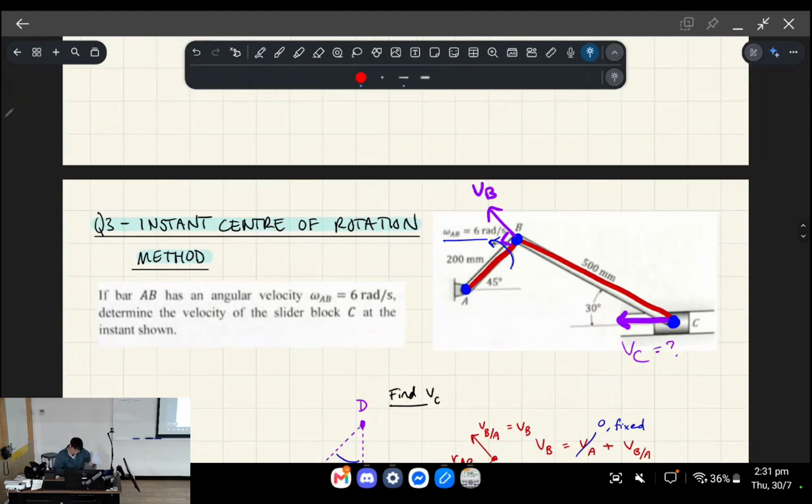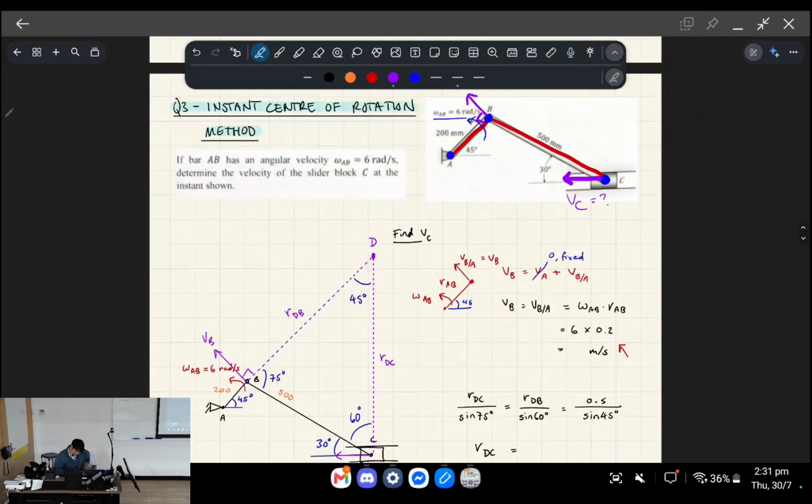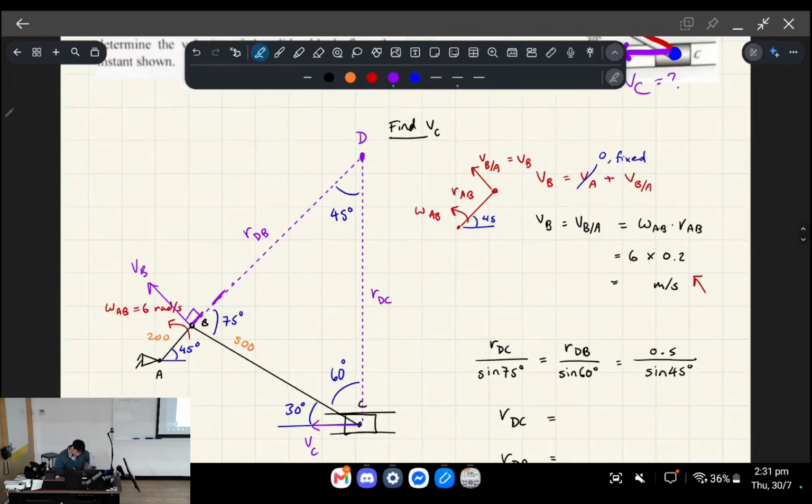We know the directions. And so what the instant center of rotation method is saying is what we have to do is cast a lever arm, basically, which is perpendicular to these two velocity vectors, until these lines of action coincide.